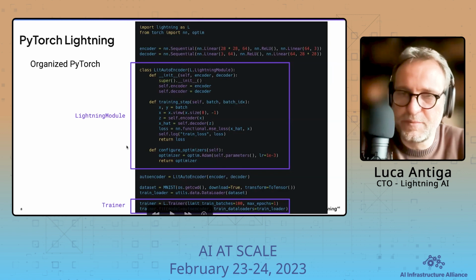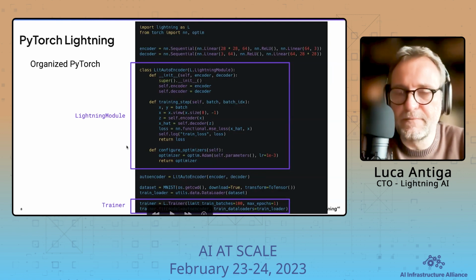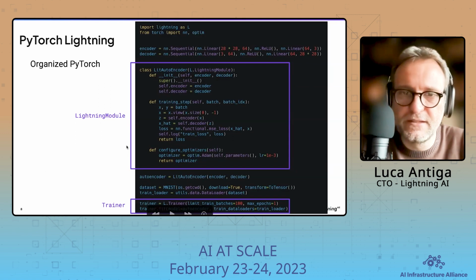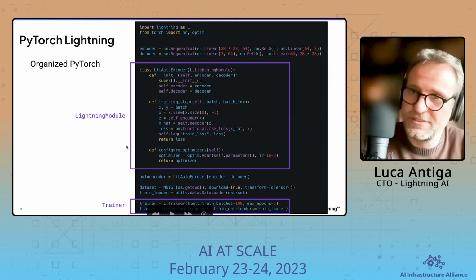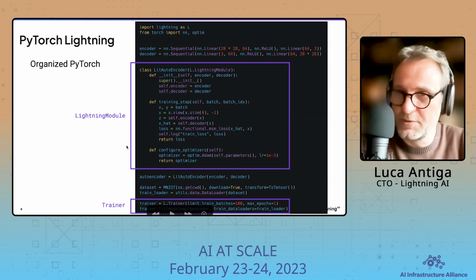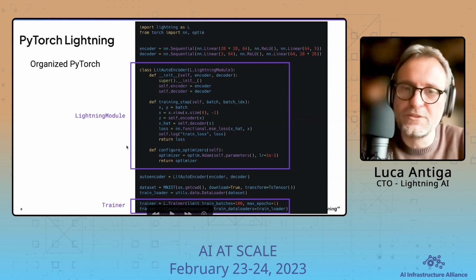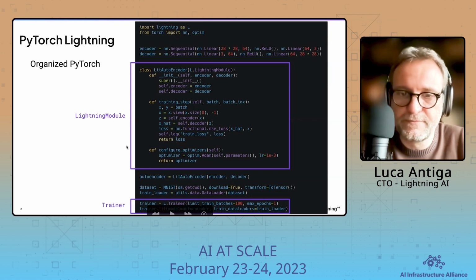With PyTorch Lightning, in particular the Lightning module, this will enforce some structure to your code, but this will allow the trainer, which we see at the bottom, to leverage this structuredness so that you can implement distributed training strategies and so on, because it knows what to call when and what your intention is within the code.